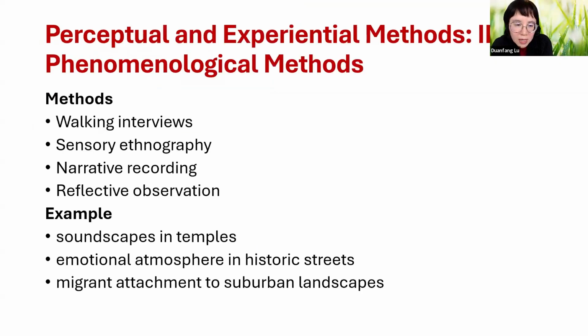So you might use sensory ethnography or narrative recording to aid your observations of the place. So sound, smell, and emotional attachment to a place are all very important dimensions of the study of the place.